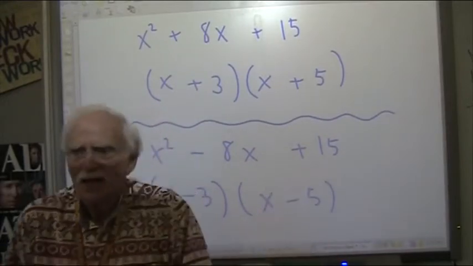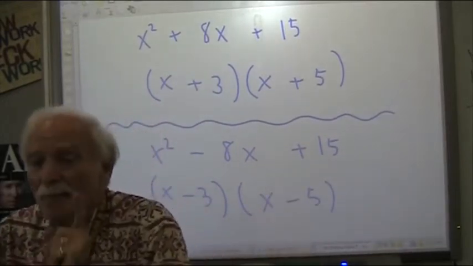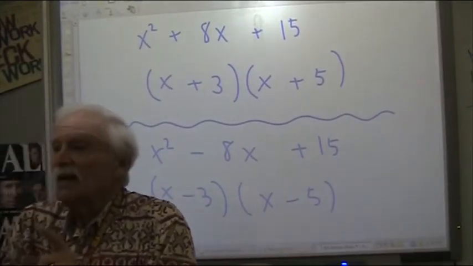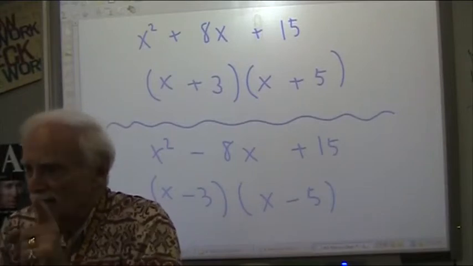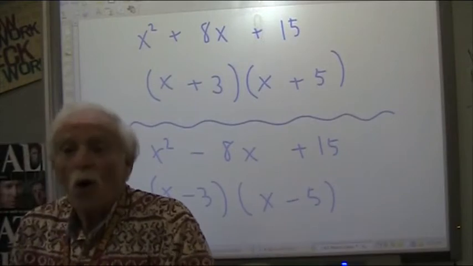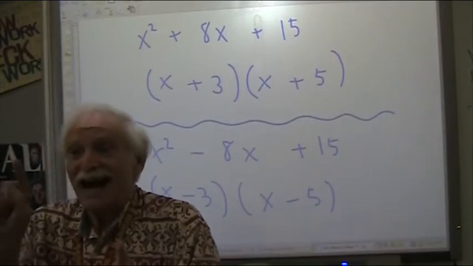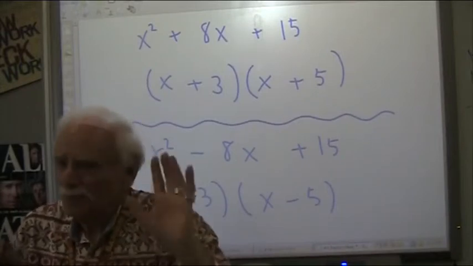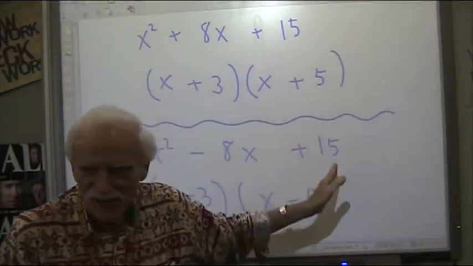Because this constant term is plus 15, we have to find multiplying factors. The factors can be a plus and a plus, because a plus times a plus gives you a positive, or a negative times a negative, because a negative times a negative gives you the plus needed for that last term.